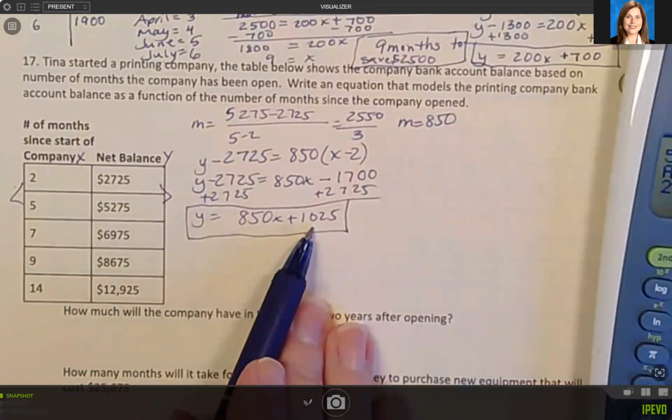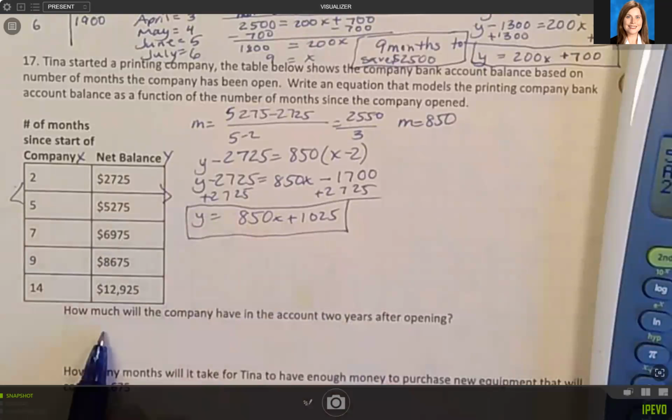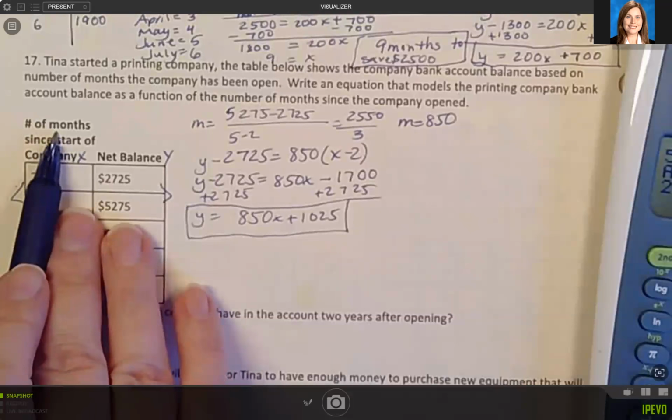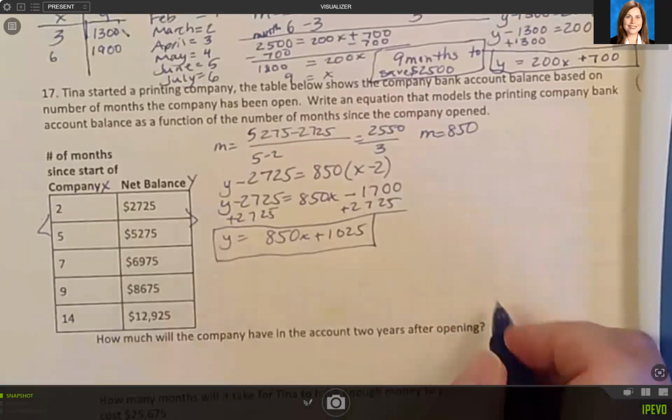The next thing we are asked to find is how much money the company will have in the account 2 years after opening. Two years after opening is x equals 24 months.